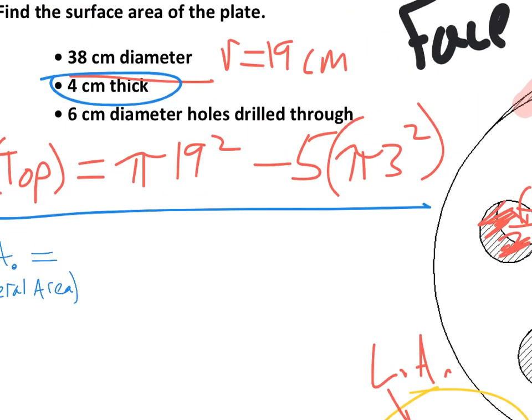So the outside there would be 2 pi, and the radius of the big circle is 19. The height was 4. So that's our 2 pi r(h).